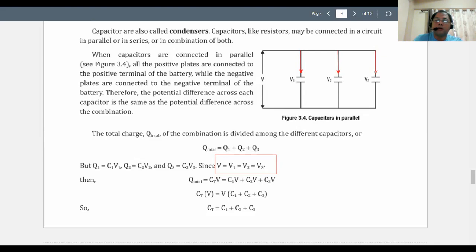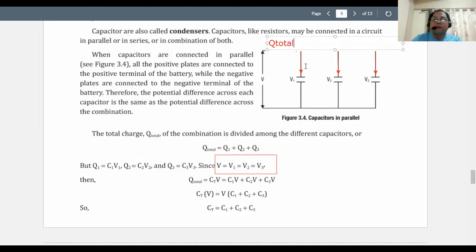So they are all provided by the charge that comes from the battery. The battery supplies the charge, but each capacitor will get its own charge. So the source charge is called Q, or maybe you can call it Q sub T, or Q total. So that's coming from the battery.